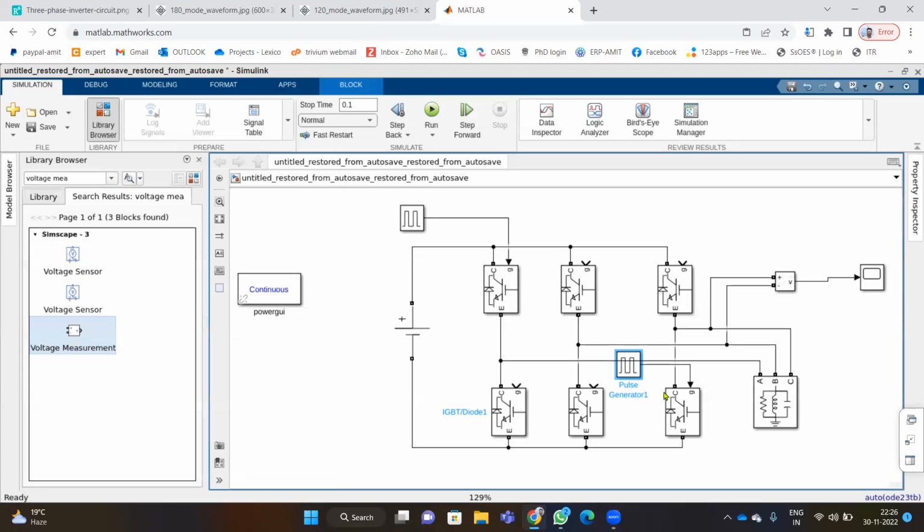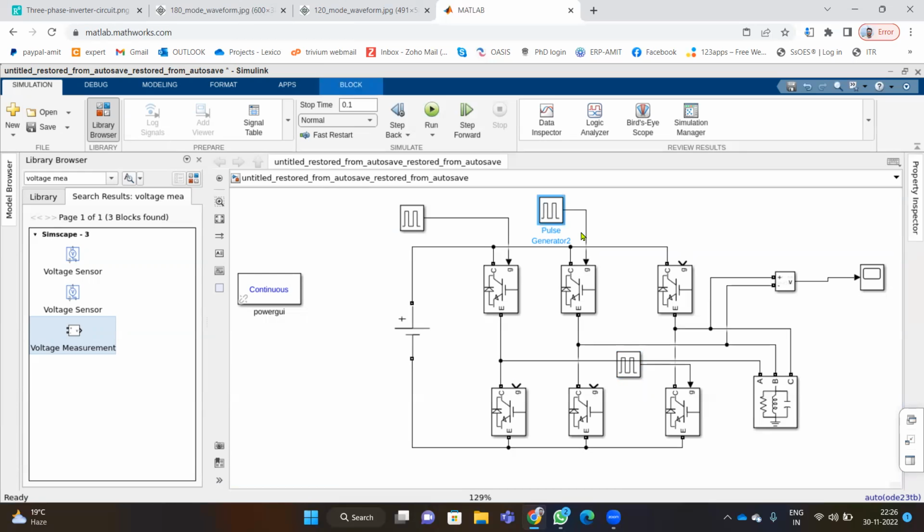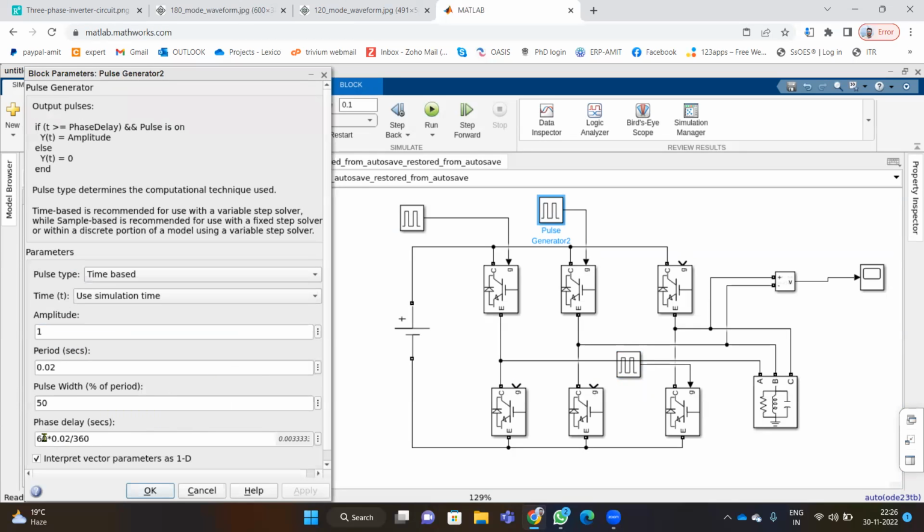So let's apply this. Now let's move to switch 3. In switch 3, I hope you will be able to recall now what we have done earlier.